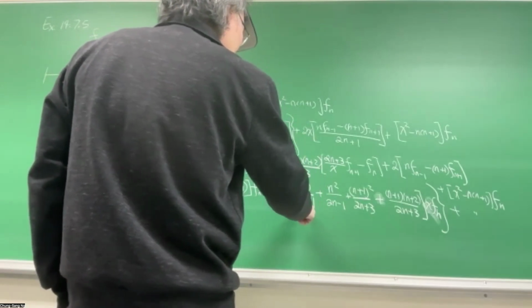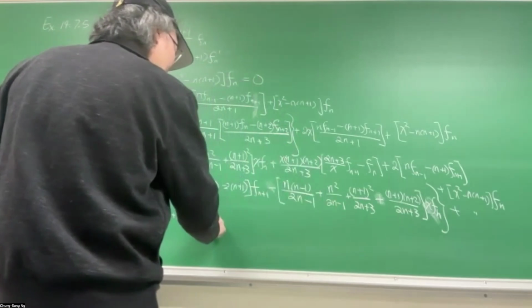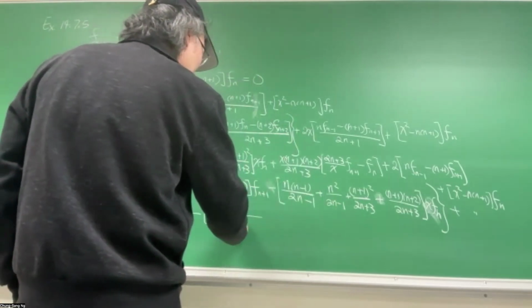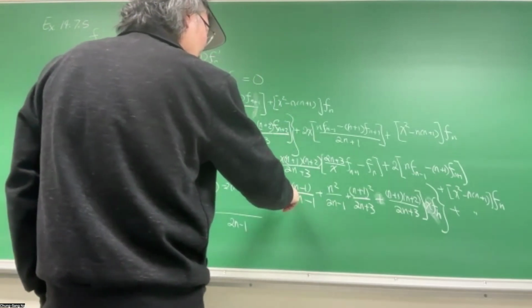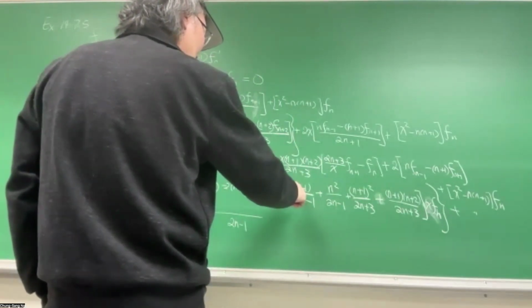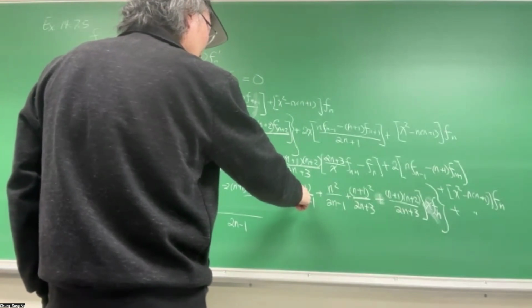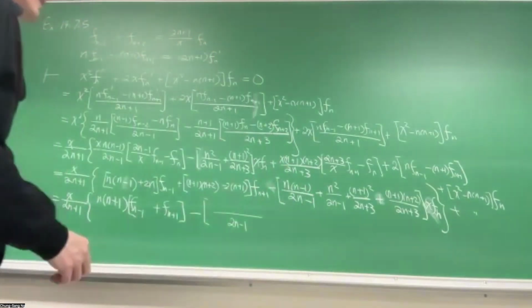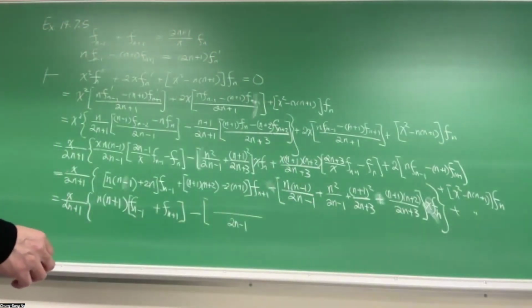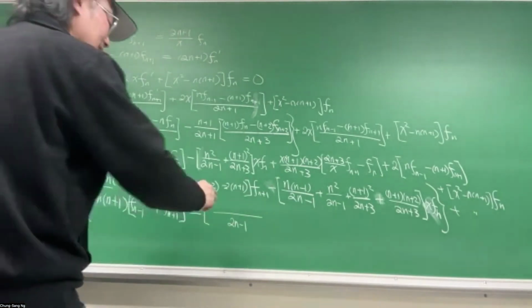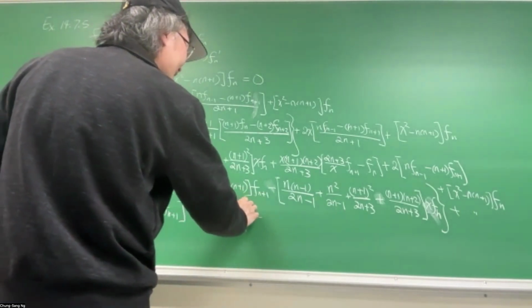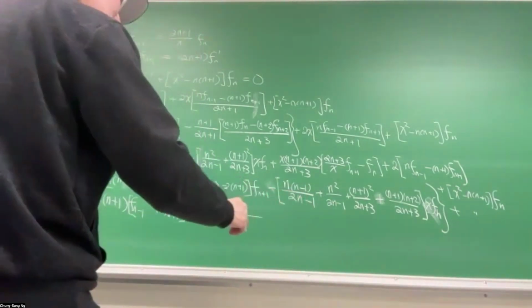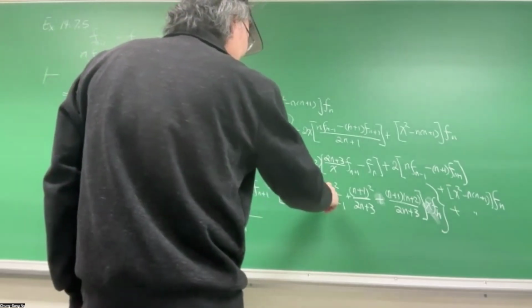For this one, for these two terms, you can combine the denominator to n minus 1, and then you have n squared minus n plus n squared, which becomes 2n squared minus n. N squared minus n. Right.